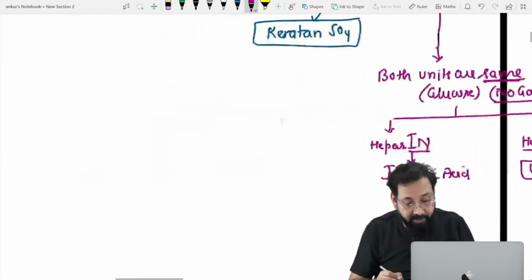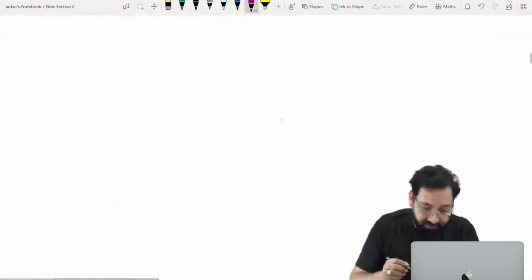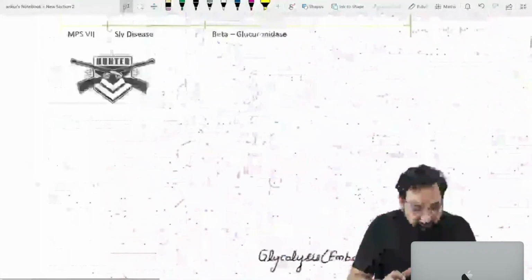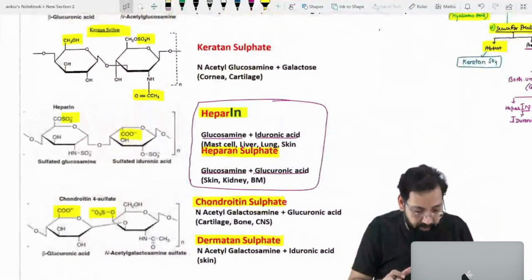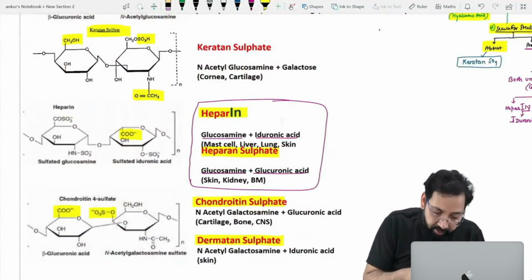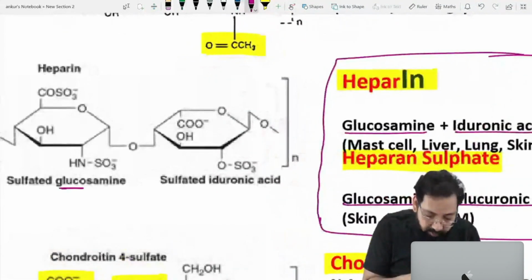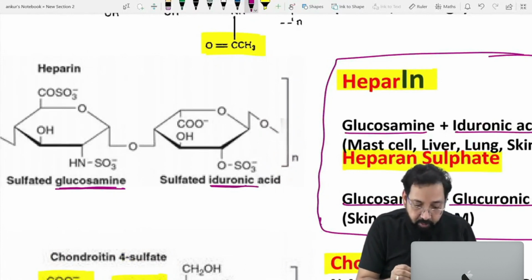Now you can easily see. Look at the screen, you can easily see. Sorry, I know I am taking a little bit of time, but this is a recently asked topic, I can't skip. Yes, I saw that this is glucosamine, iduronic acid, no galactose. Yes, no galactose.